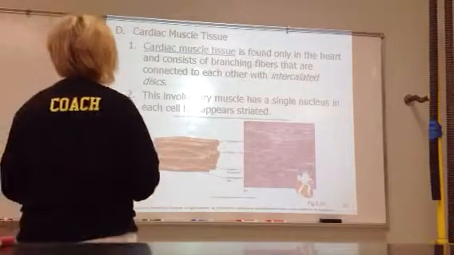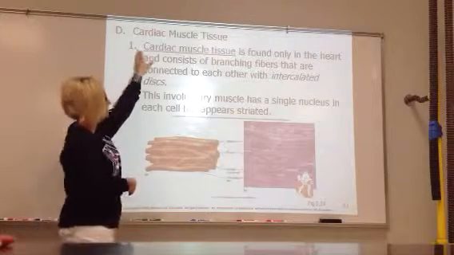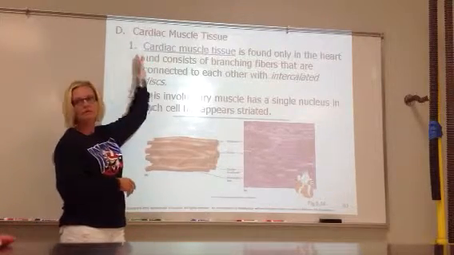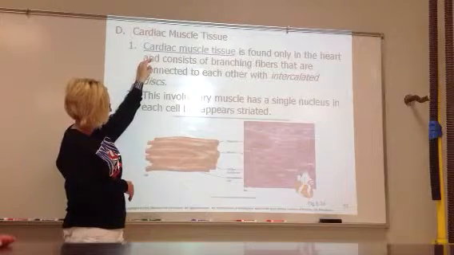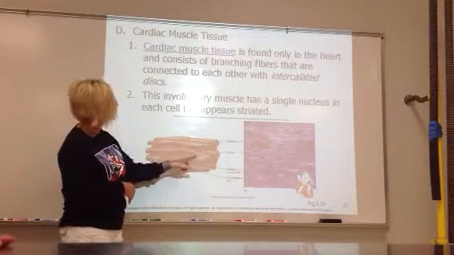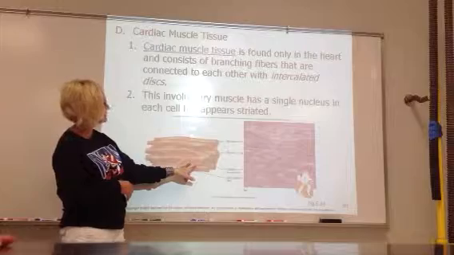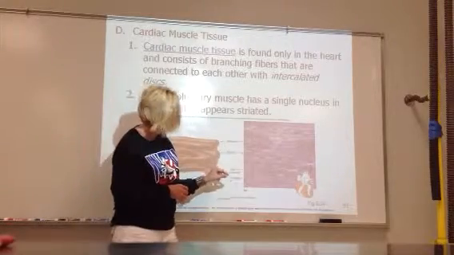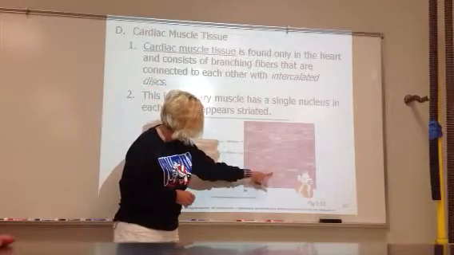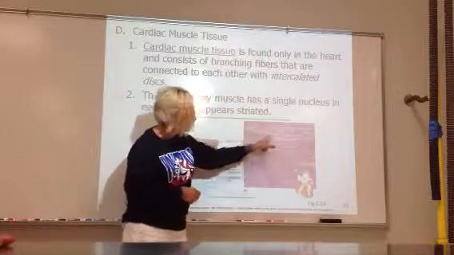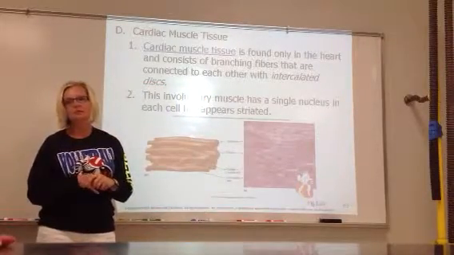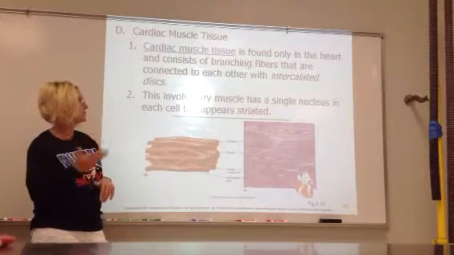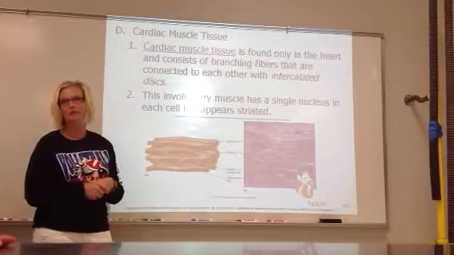And the third one is cardiac muscle. Cardiac means heart. It's only found in the heart, and that is it. It does have branching fibers that will connect between the muscle fibers. And it also has something darker in between called intercalated discs. Your heart muscle is one of the strongest muscles in your body.